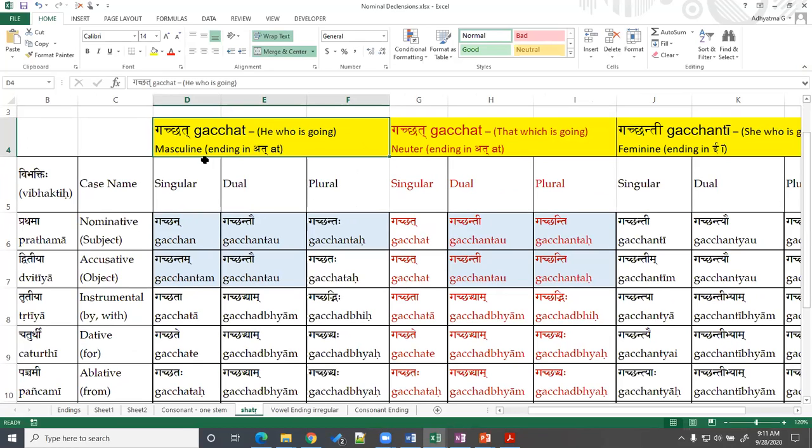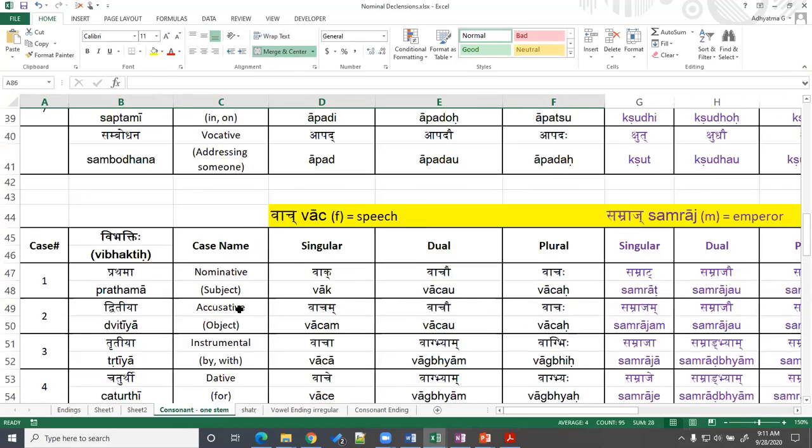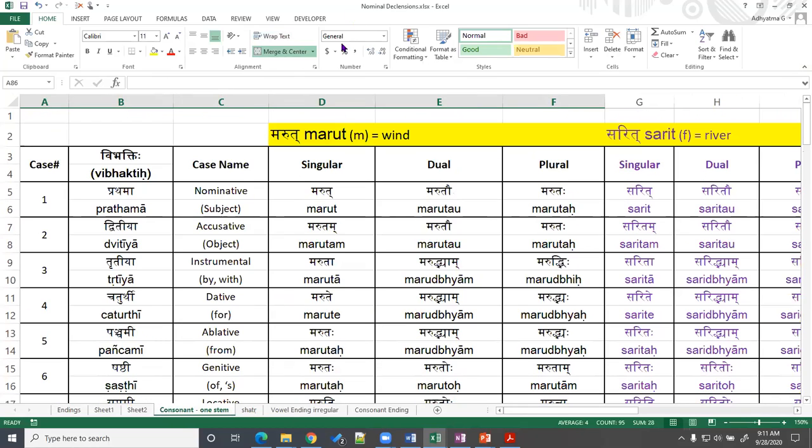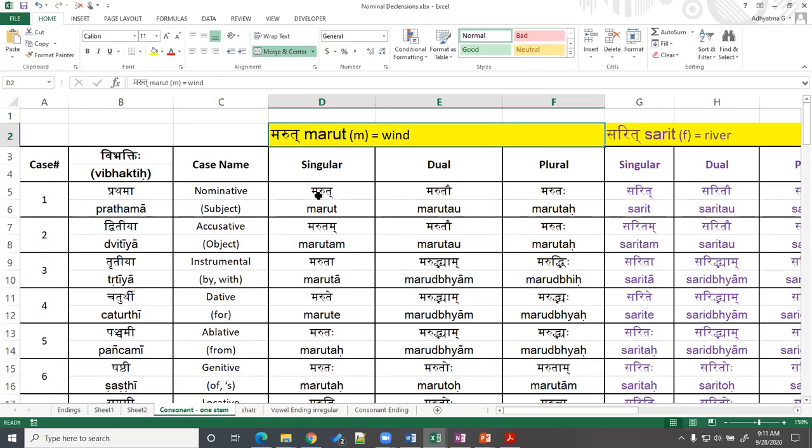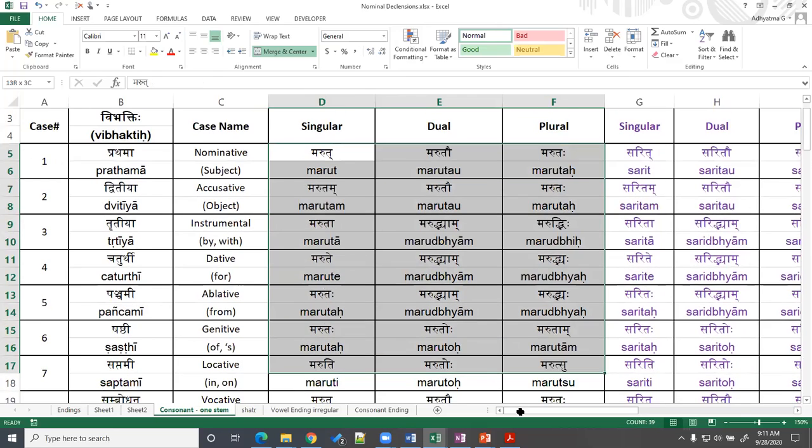So if you remember, we did already something like jagat or marut ending in takara. This noun marut is a single stem noun. That means in all these forms, there are no strong or weak forms.